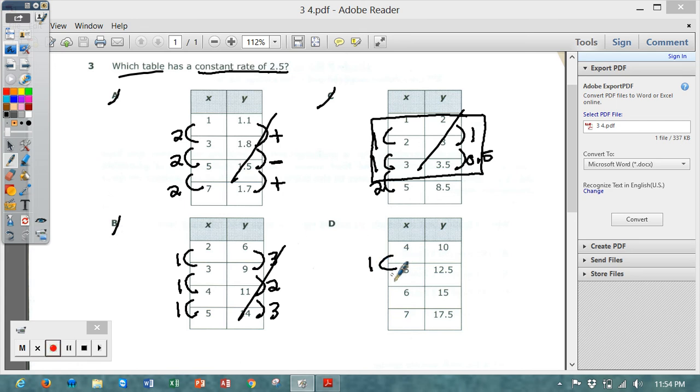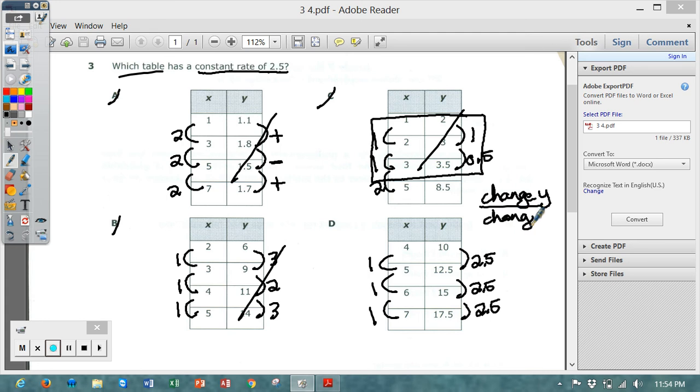It's a change of 1, change of 1, change of 1. Here it's a change of 2.5, and then 2.5 again, and then 2.5 again. The x's are constant and the y's are constant. And rate of change, like it says in your notes, it's the change in y over the change in x.